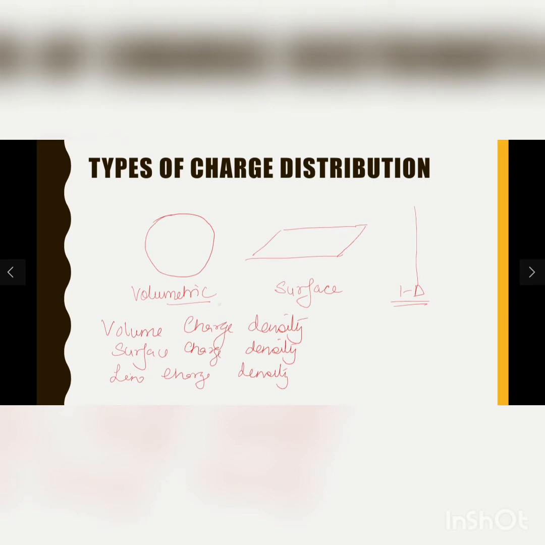These are denoted by symbols. Volume charge density is denoted by rho.